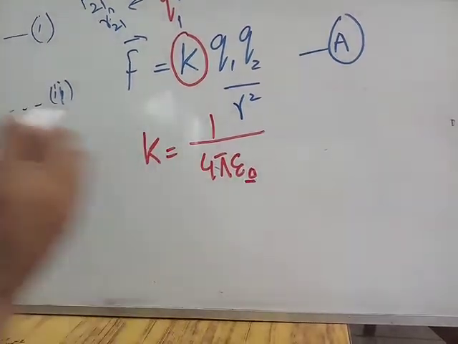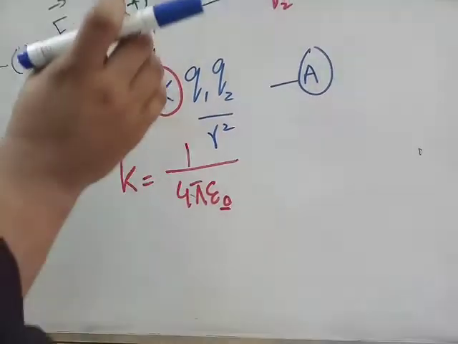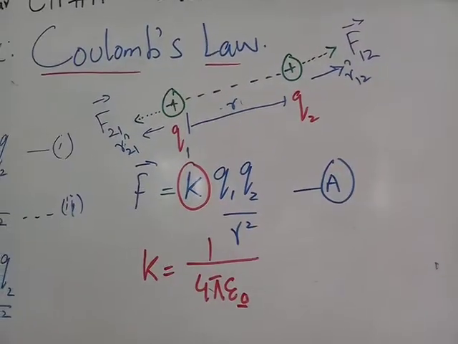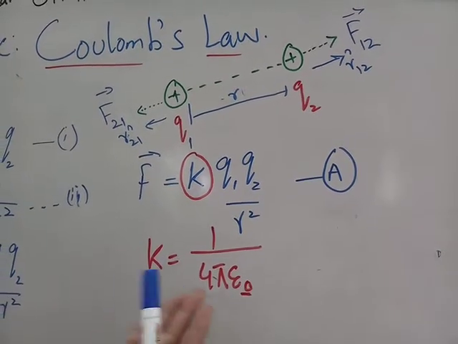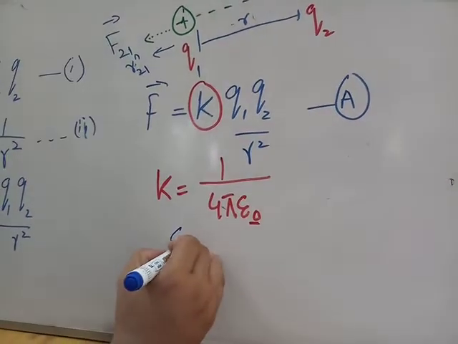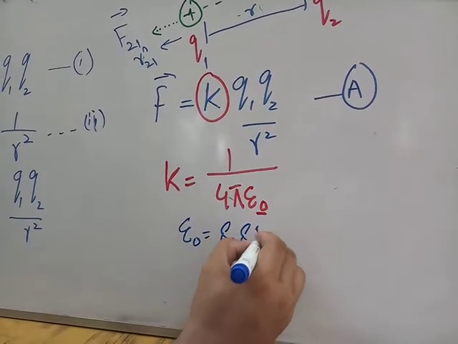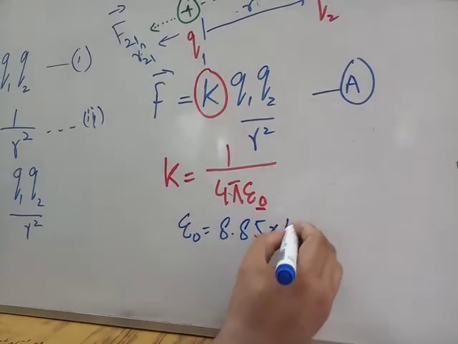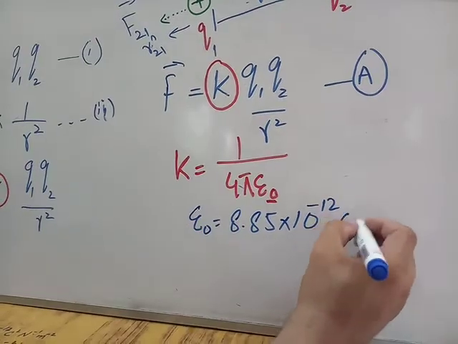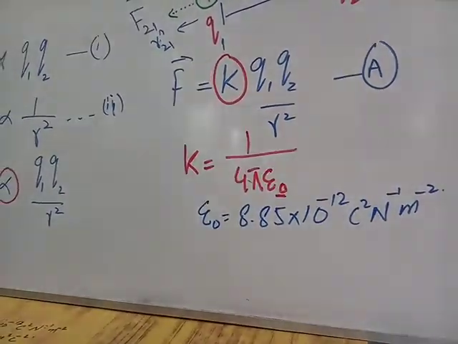This epsilon naught means permittivity of free space. It means for this experiment we use a medium like air, so for free space we use the permittivity of free space. The value of epsilon naught is 8.85 times 10 raised to the power minus 12 Coulomb squared per Newton per meter squared.